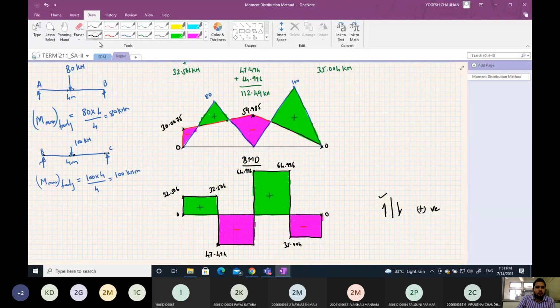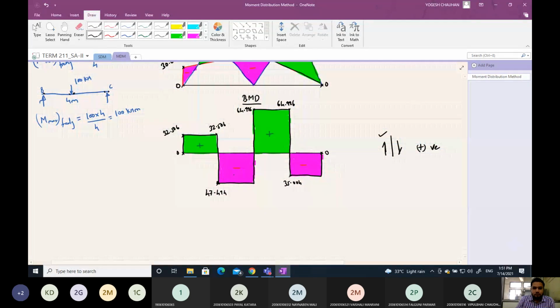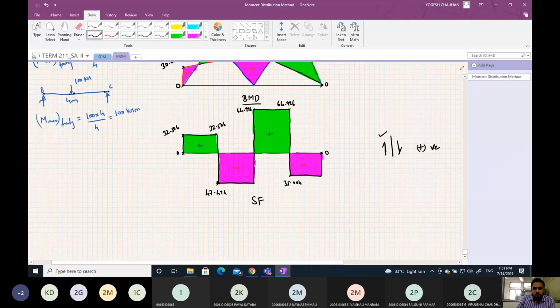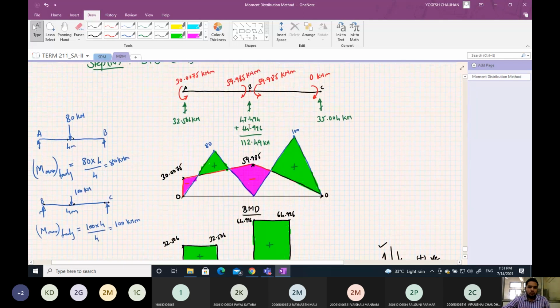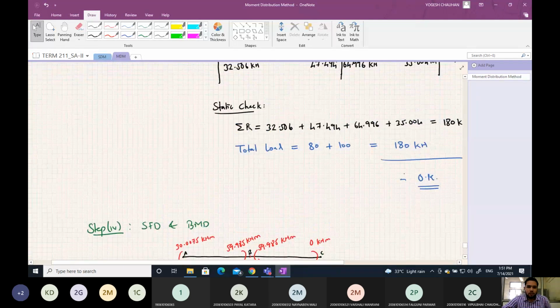So this is how we can draw the bending moment diagram or shear force diagram. Okay, so with this, this example is over.